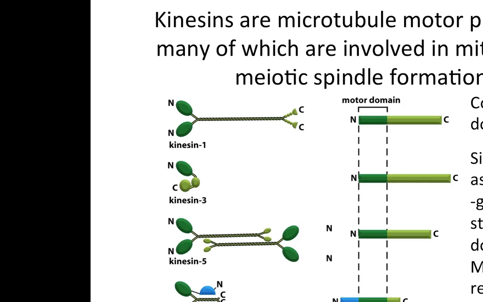And then they also have a tail domain, which is going to interact with cargo. Most walk to the plus end, except one. So you can be safe to think kinesin, plus end. Kinesin 14, for whatever reason, walks to the minus end.